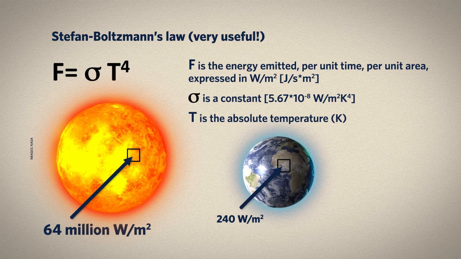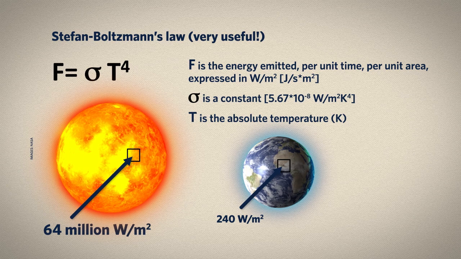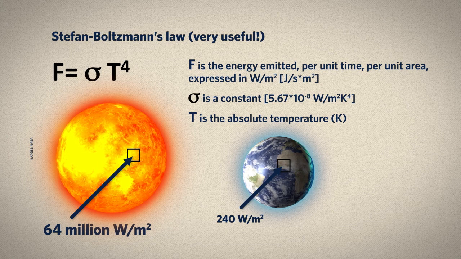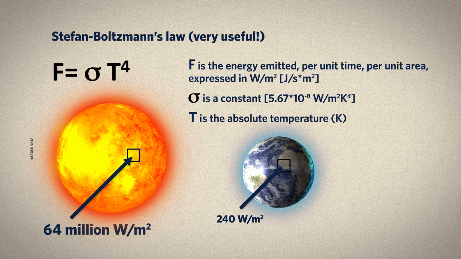If we actually do the math, and I'd encourage you to try the math, we come up with the answer that each square meter of the sun's surface gives off about 64 million joules every second. In contrast, the Earth's upper atmosphere gives off only about 240 watts per meter squared. Just imagine those boxes drawn on the sun and the Earth as only 1 meter square.